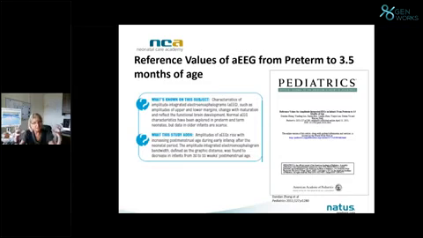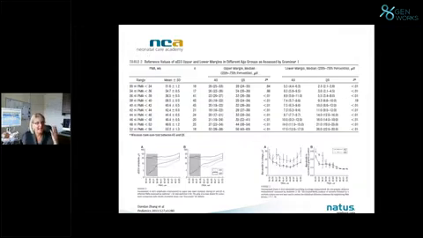They managed to pull out some normative data on this. And basically, as these infants mature, we see changes in the upper margin, and the lower margin amplitude also increases, and that would be normal. So it's again nice to have some reference values for those infants who are perhaps a little bit older also.